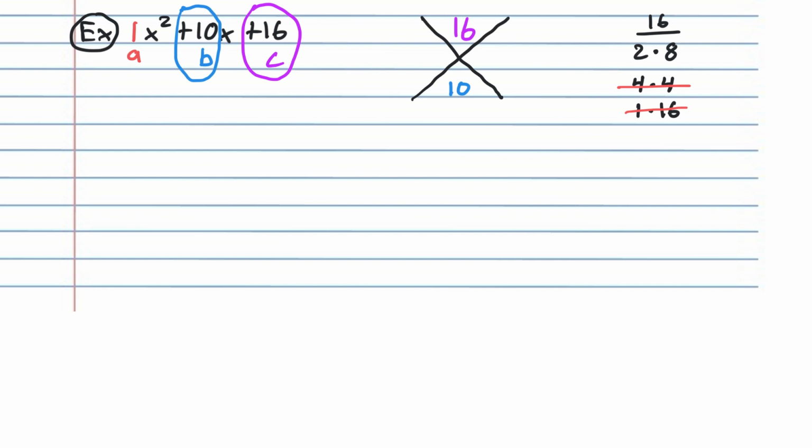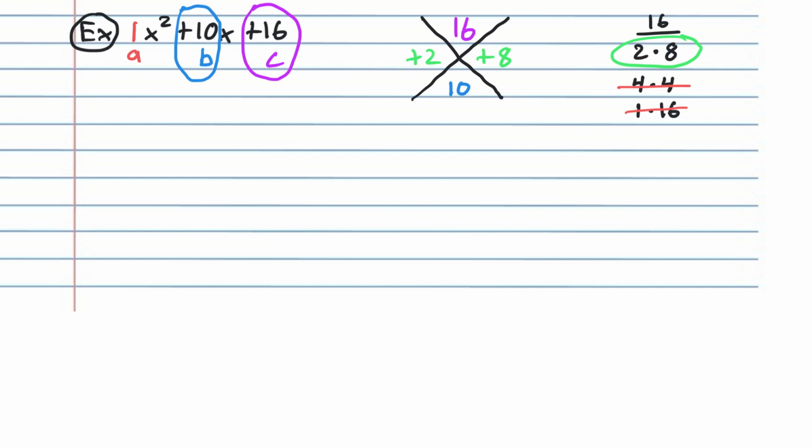So in this case, we know that the 2 and the 16, or sorry, the 2 and the 8 actually works. Okay, so we can put that in here. Now I said the positives and the negatives are very important, right? So we need to make sure both of these are positive. Okay, so positive 2 and positive 8. Okay. Now I always tell students to double check to make sure that it works.